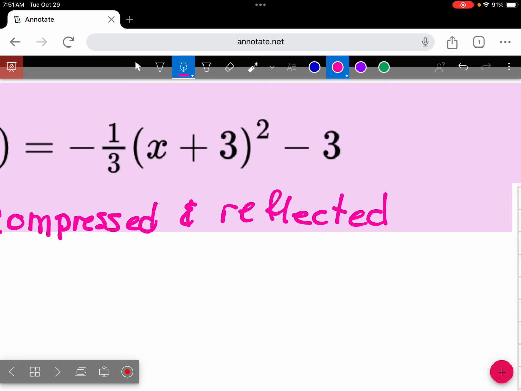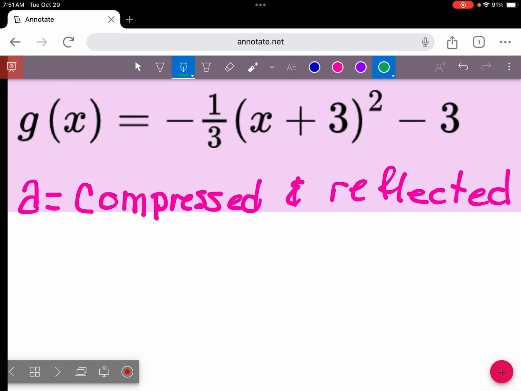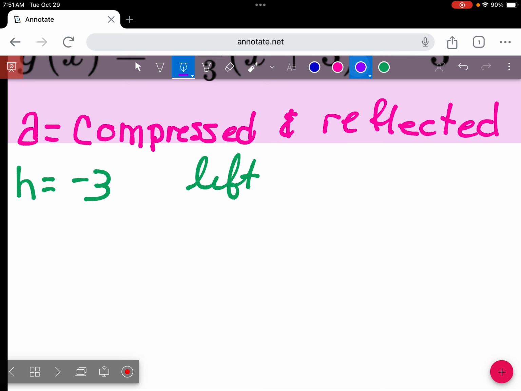Which way should it shift? What's our H going to be? Negative 3, which means it goes left. How about our K? Negative 3, so we expect it to go down.